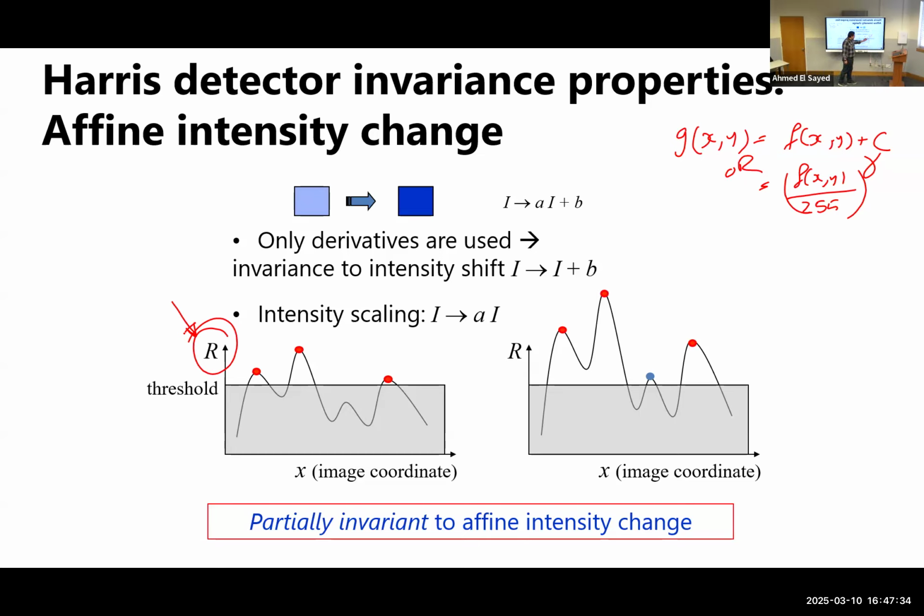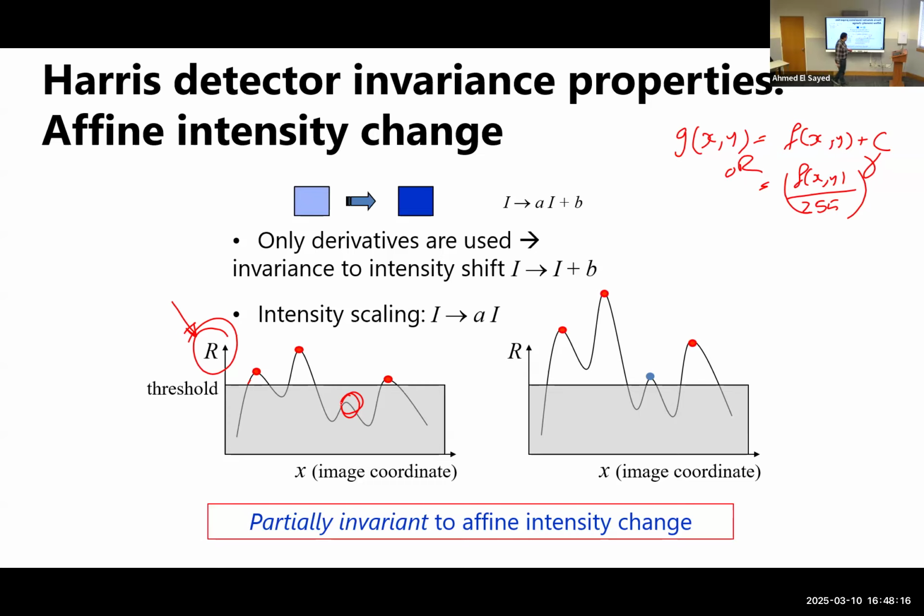You will see that at some specific points, it will have a maximum. So we have a corner. Here we have a maximum. We have a maximum. Based on some thresholding, those maxima will survive and we will have 3 corners. But based on changing the intensity, one of them may vanish or another corner may appear. So a corner that didn't exist before may exist, or a corner that existed before can disappear.